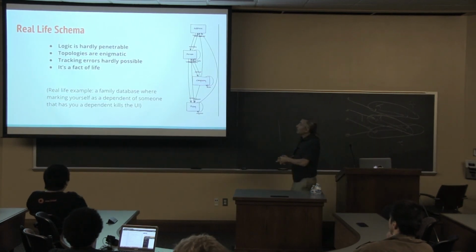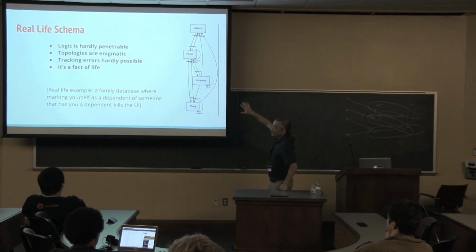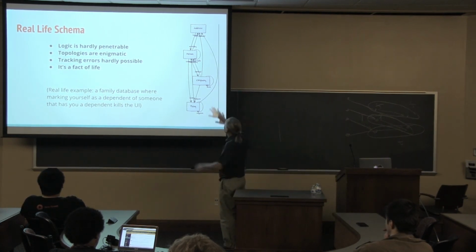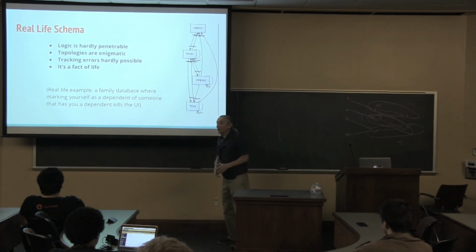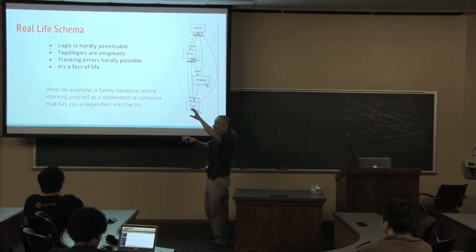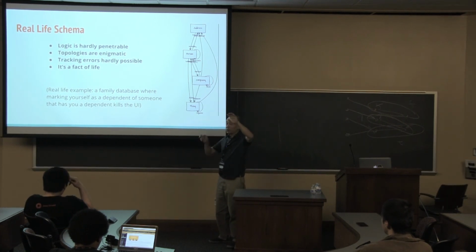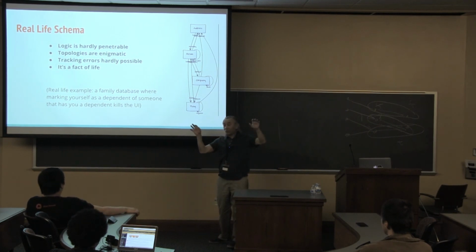And in real life schemas, I don't think this is the right audience to critique this kind of schema, because we all know we should not have this kind of schema. But that's real life: arrows from person to company, from company to person. We had a database at a previous company where one user can register as a dependent for another user, and that user is also a dependent. It was about health insurance.